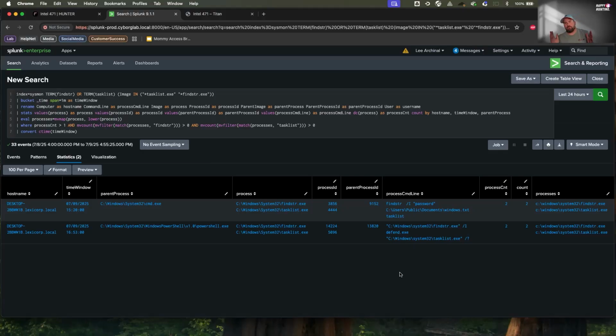FindStr can be used for many different things, looking for any string that exists in a file. In this case, the top result might not be so much looking for security tools, but what this could be looking for is the phrase password living in a document. Now, this could also be used as a way of collecting information. So if they run more discovery activity and concat things to a file, and they don't want to exfiltrate the file, they want to try not to draw attention.